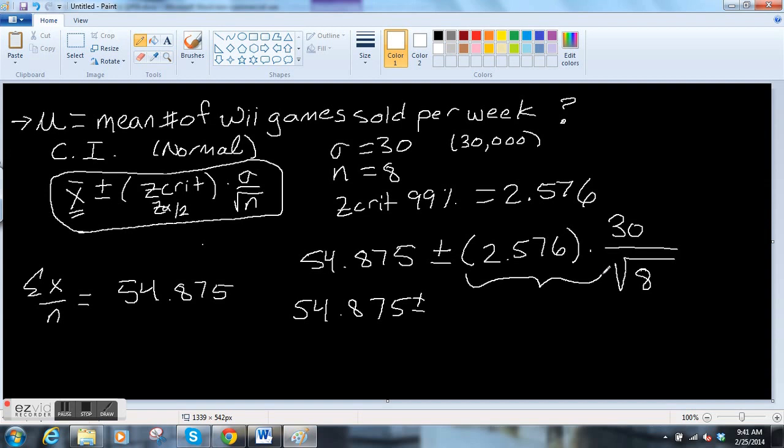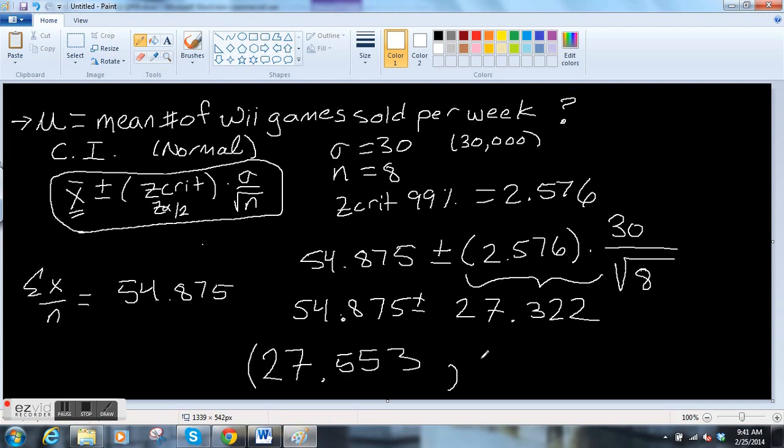When you multiply it together, it gets to be 27.322. Okay, so we have 54.875 plus or minus 27.322. This gives us 27.553, that's the lower bound, 82.187.